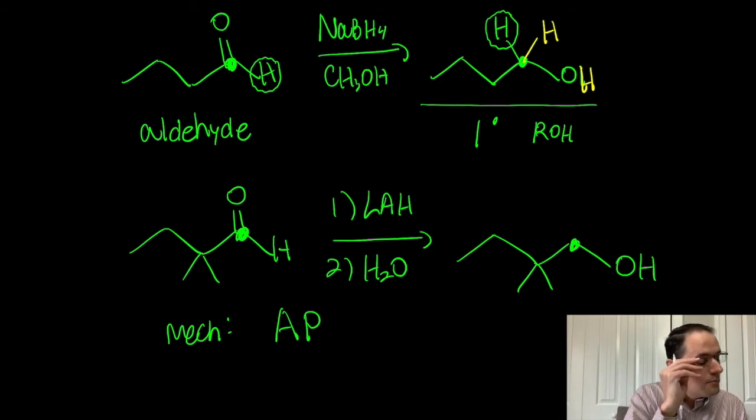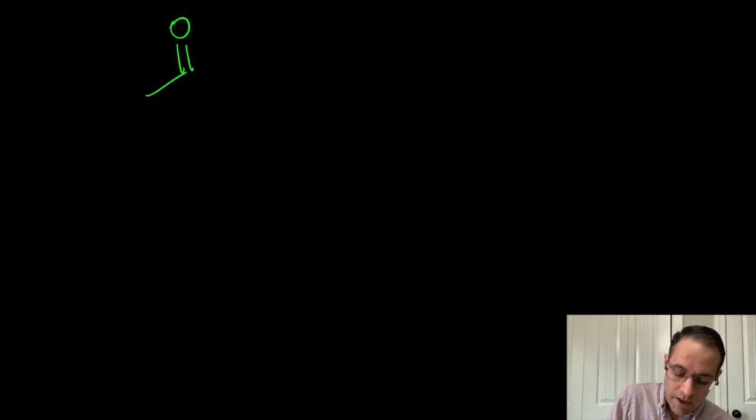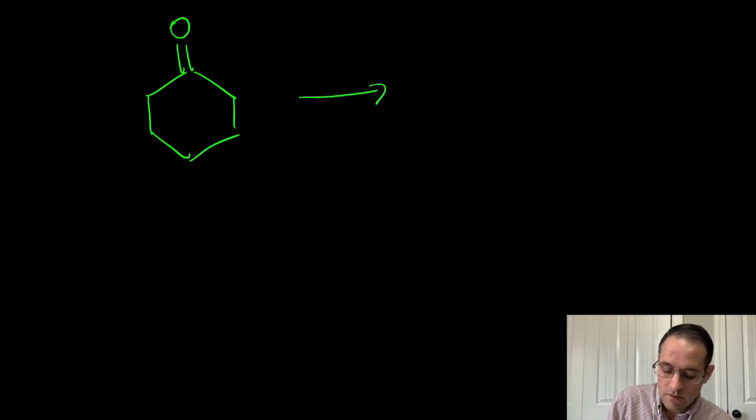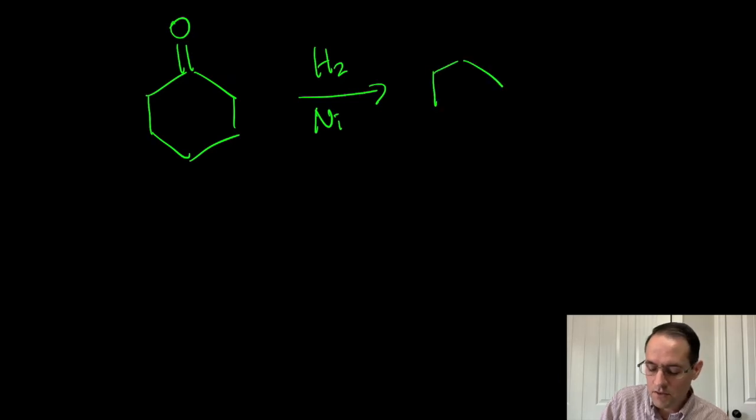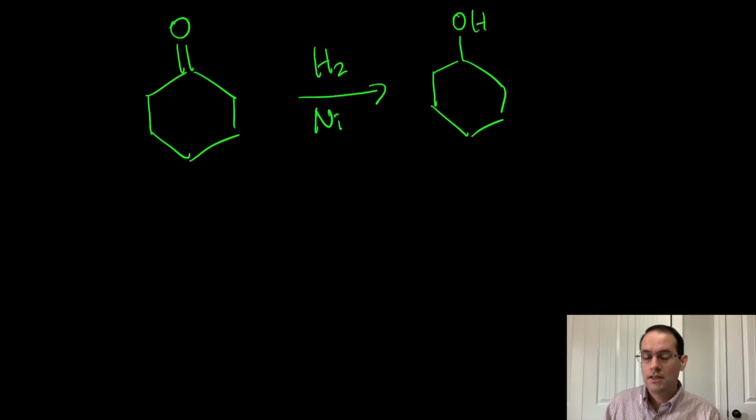Now let's talk about hydrogen. Hydrogen could also be used. So remember, if you have something like this, and you treat this with hydrogen and say nickel catalyst, you can form your secondary alcohol. But remember that hydrogen reacts with other things.